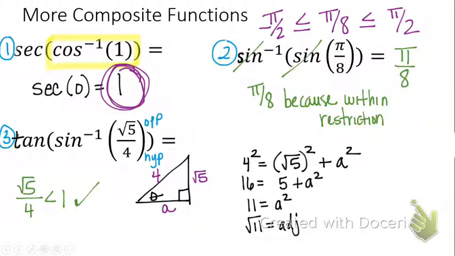So now we're ready to find the tangent. So what two sides do I use for tangent? Opposite over adjacent. So tangent is equal to opposite over adjacent.